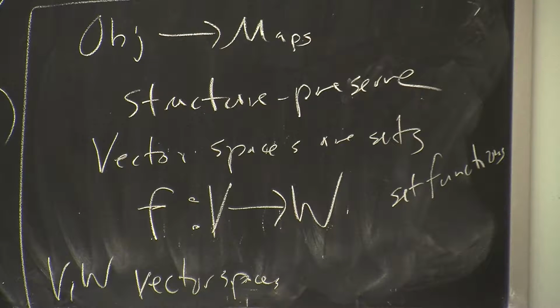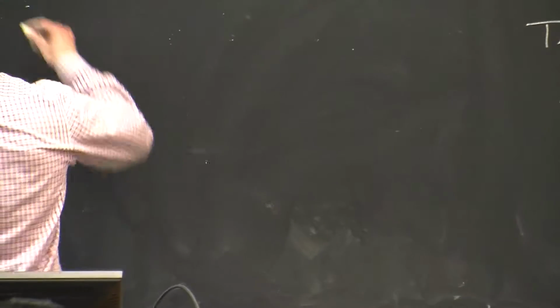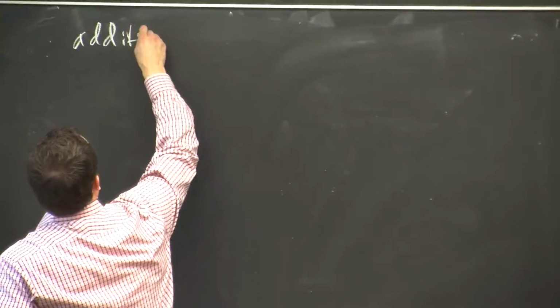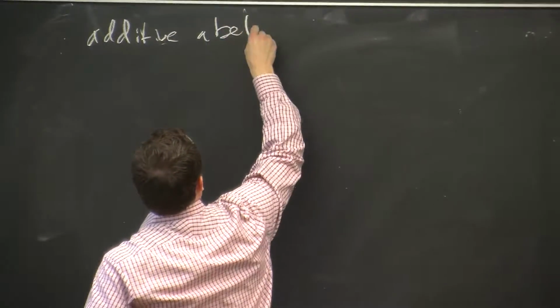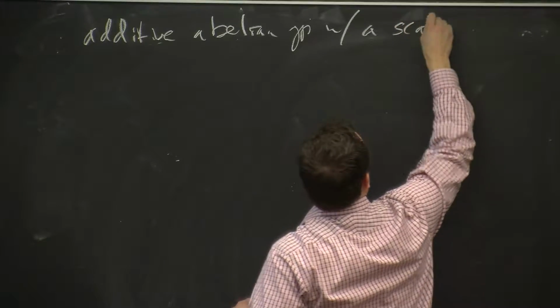And of course, these things are going to be able to be composed, just like functions can be composed if the domains and the codomains match up. So we summarized our structure for a vector space as being an additive abelian group with a field action, or with a scalar multiplication.